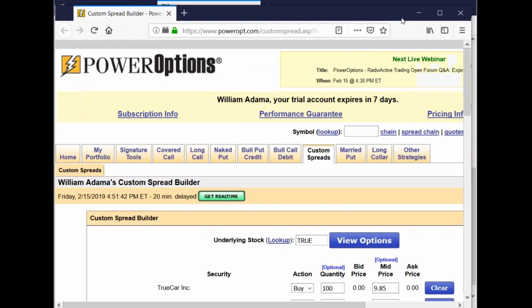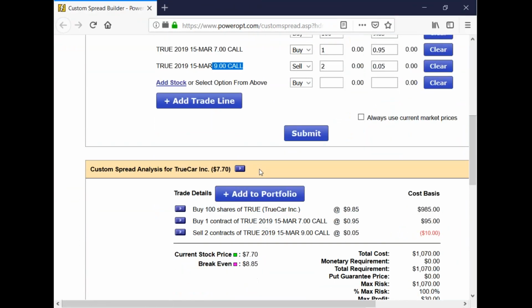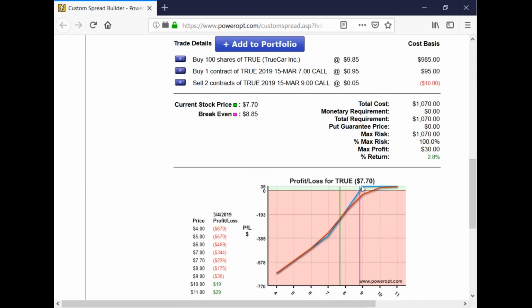Because what we did, and this would be speculating that the stock moves back up above $8.85, you create a ratio call spread where if the stock moves back up, goes to 8.50, this long call you got is going to be worth $1.50. If it goes to 8.85, it's going to be worth $1.85.